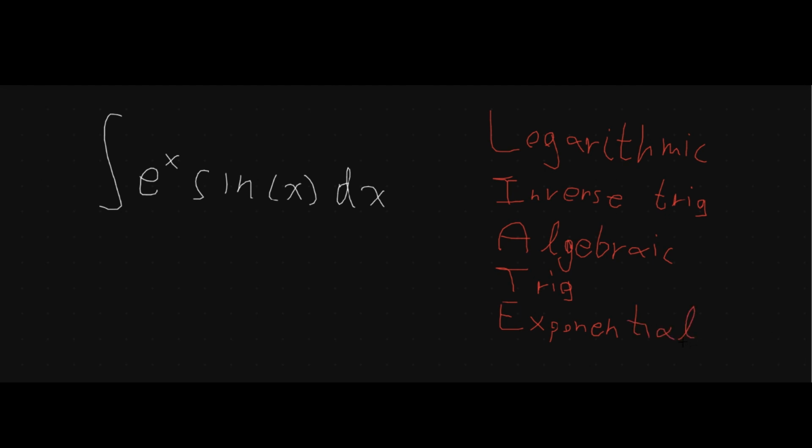So what does this really mean? It just means that we choose u to be the function that appears earlier in this LIATE list, and dv to be the rest.